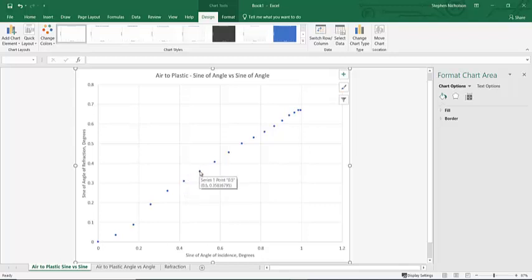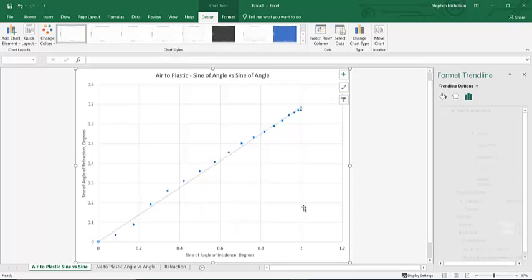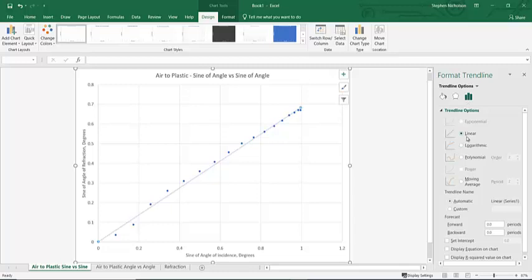So it'll be a number less than 1. Okay, so we're going to click the data. We're going to right click, add trend line. We're going to do linear. We're going to display the equation on the chart, and we are going to look at r squared.